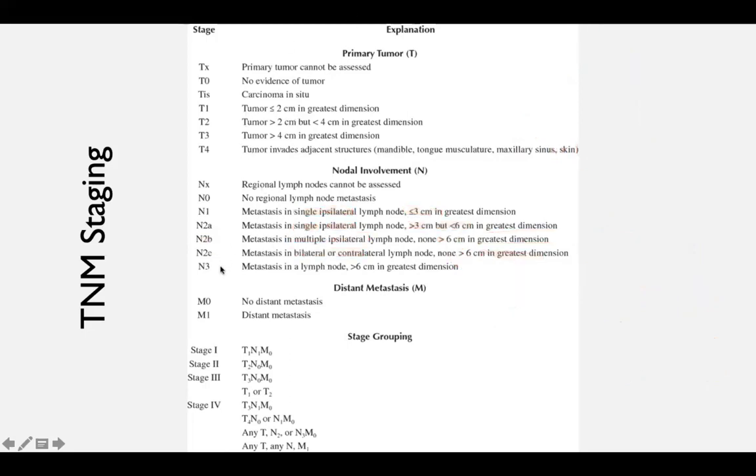Okay. And N3 is the largest, where there is metastasis in all the lymph nodes with more than 6 centimeters, and it's bilateral and multiple lymph nodes are involved. Now, this is a very invasive and horrible picture for oral squamous cell carcinoma.